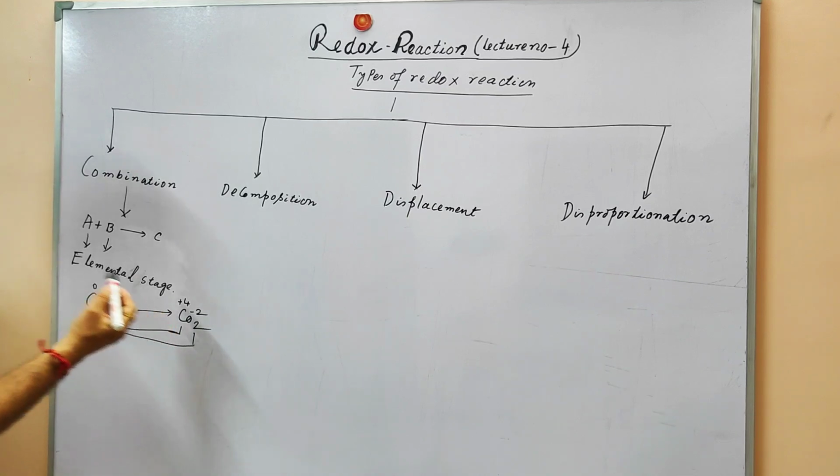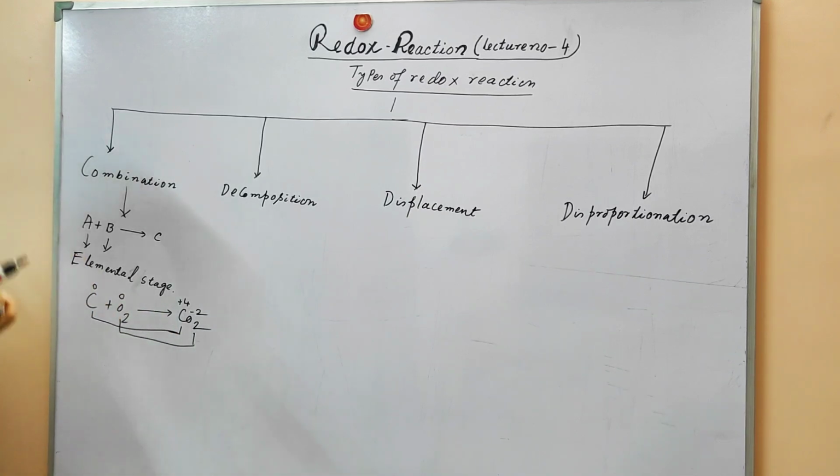Carbon is oxidized because we know that in oxidation there is a liberation of electrons, but here the liberation is not actual because in a covalent compound there is only a shifting of electrons. It has been assumed.